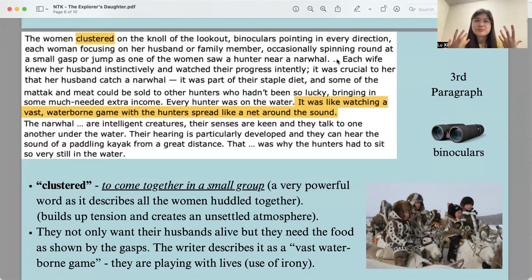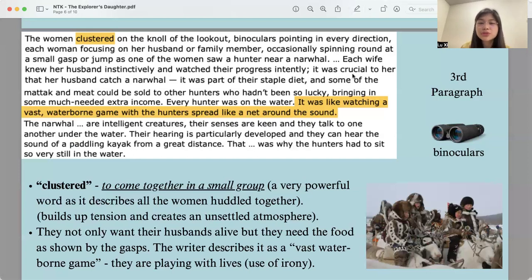So we can tell here that the women were very nervous. They were very anxious. They're afraid that their husband or their family member might be exposed to some danger. So that's why they want to cluster together, because they feel scared. So each wife knew her husband instinctively and watched their progress intently.